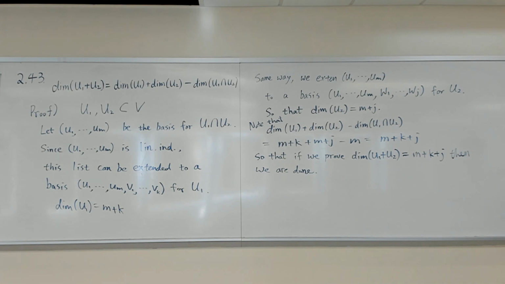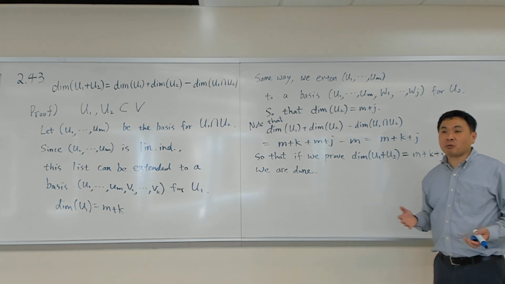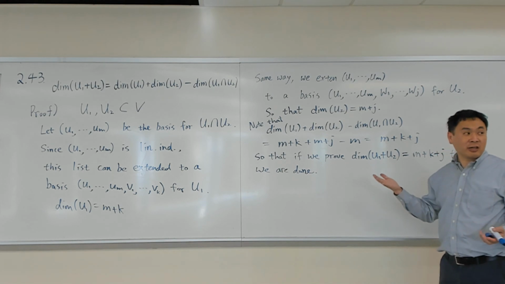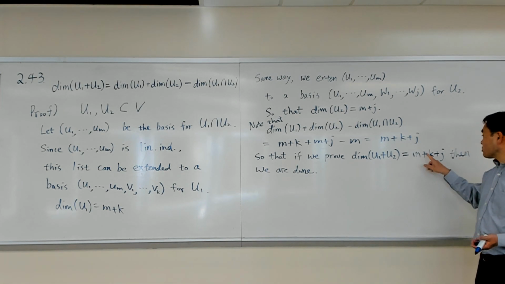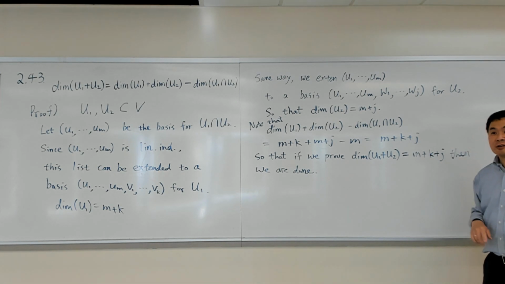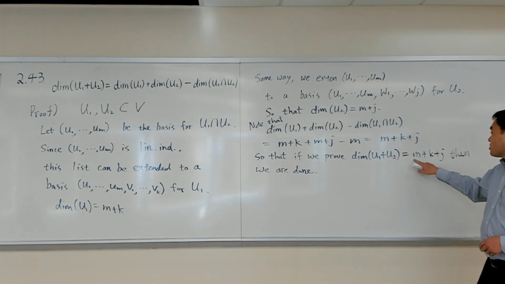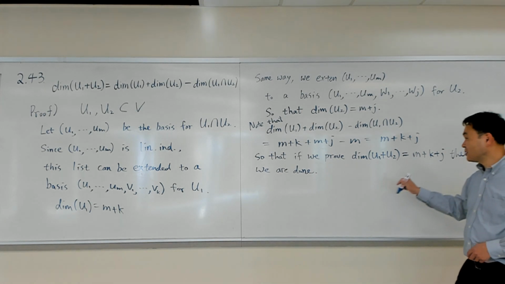Now, how do we prove that the dimension of U1 plus U2 is m plus k plus j? Well, because the definition of a dimension is the length of a basis, we just have to find a basis of this length. Can you guess what that would be? What's a list that's length m here? u1 through um.